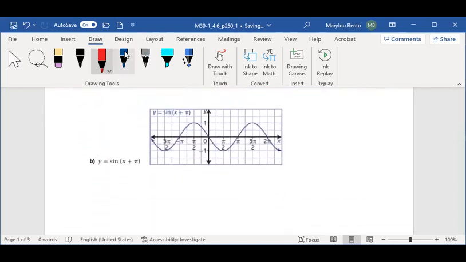B. Okay, y equals sine x plus pi. I'm going to rewrite it, y equals a sine b x minus c plus d. Okay, easy to figure out what the parameters are now. A equals 1, b equals 1, c equals negative pi, d equals 0.